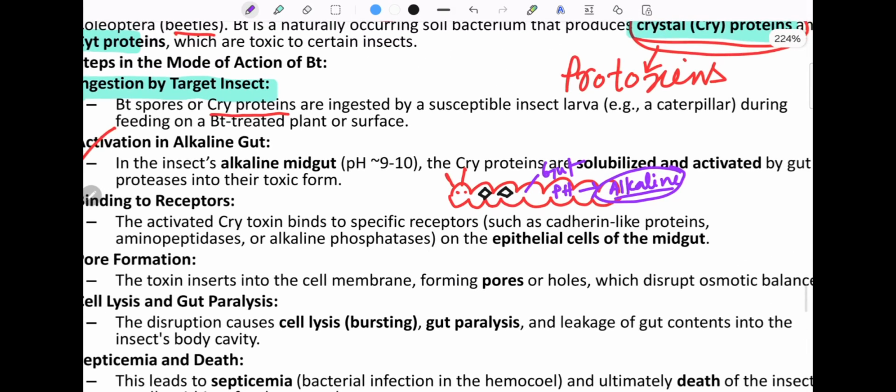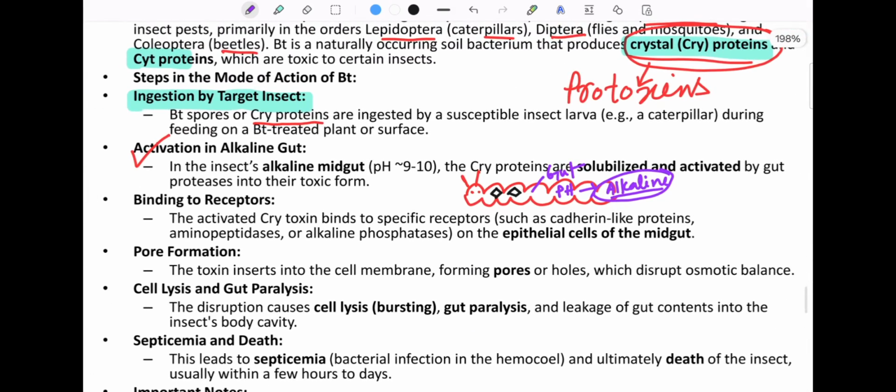And what do they do after activation? They bind to the receptors. Where are these receptors located? On the epithelial cells of the midgut. So the Cry toxins bind to specific receptors. What type of receptors? Cadherin-like receptors, aminopeptidase and alkaline phosphatases.